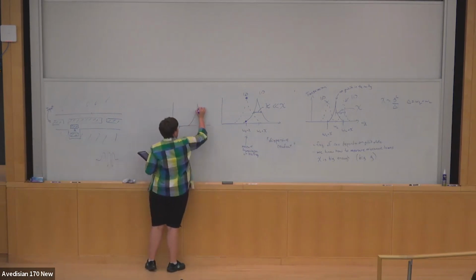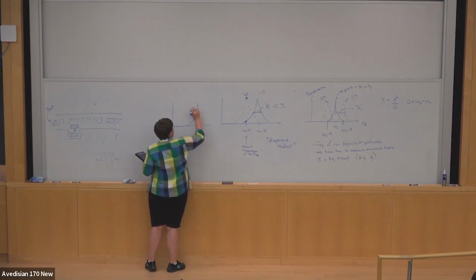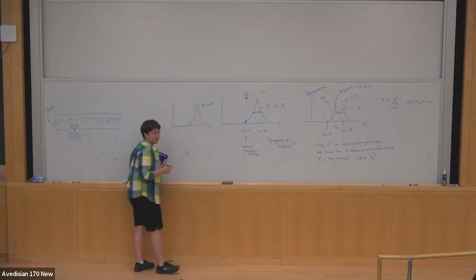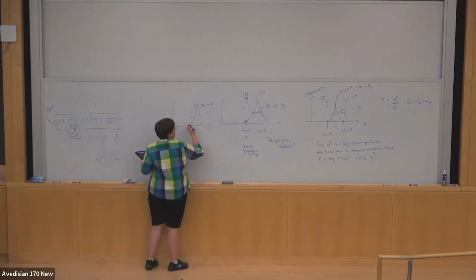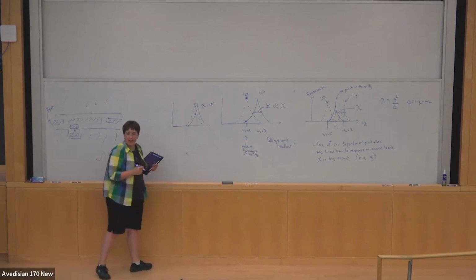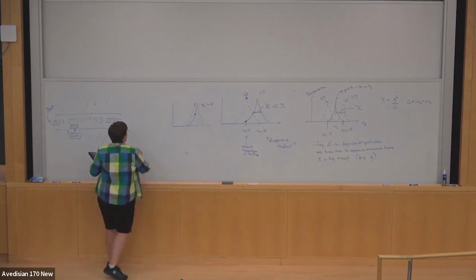You can also have something like this. So this is chi of order kappa. Now the drop in transmission is only about a half in power.